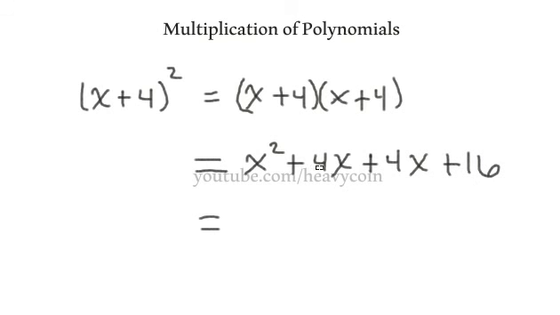And of course we can simplify this down, combining all of our like terms. So 4x and 4x are alike, so that becomes 8x, and then just plus 16. So as you can see, x plus 4 all raised to the second power is equal to x squared plus 8x plus 16.